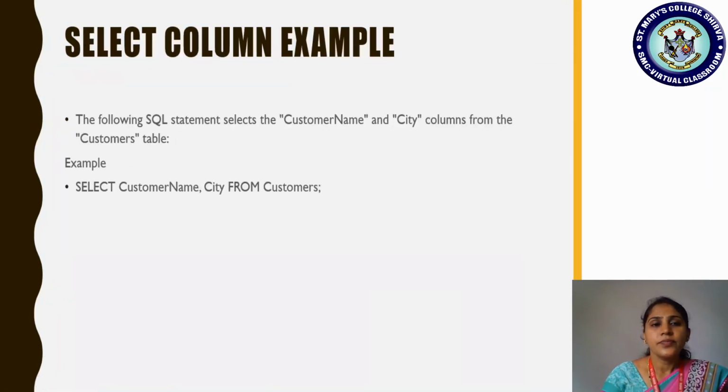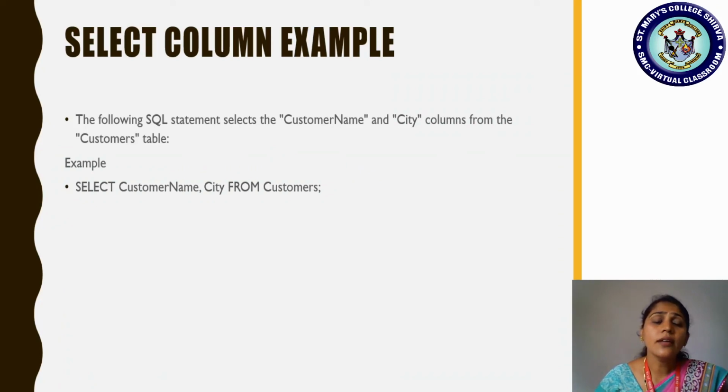Then select column. For example, suppose now we have customer ID, customer name, contact name, then address, postal code, then which one? Country information. Suppose if I want to view only the country information or only the customer name information, are you all understanding?